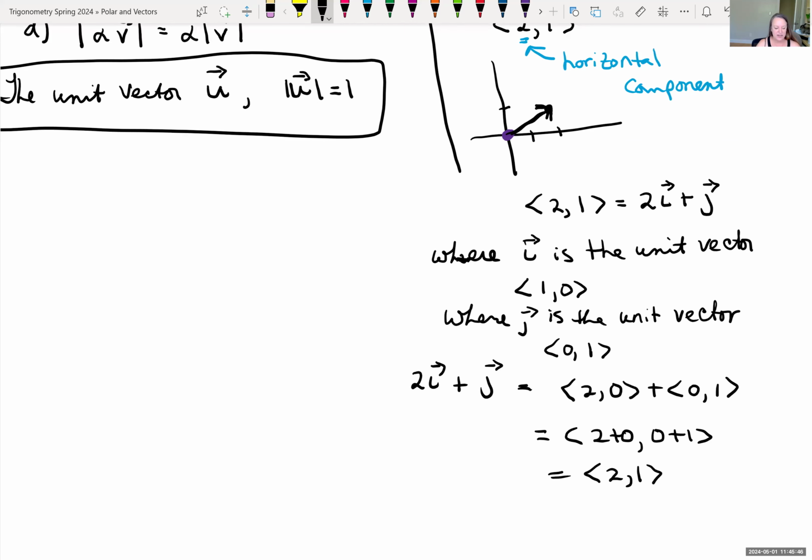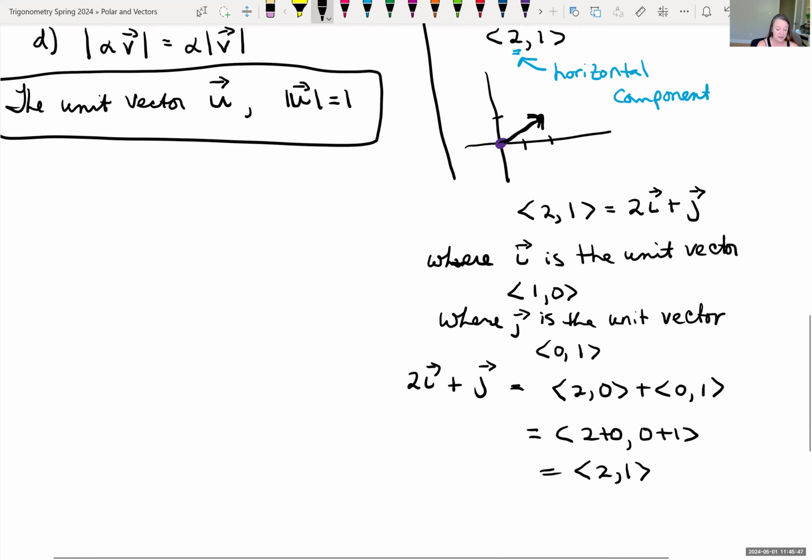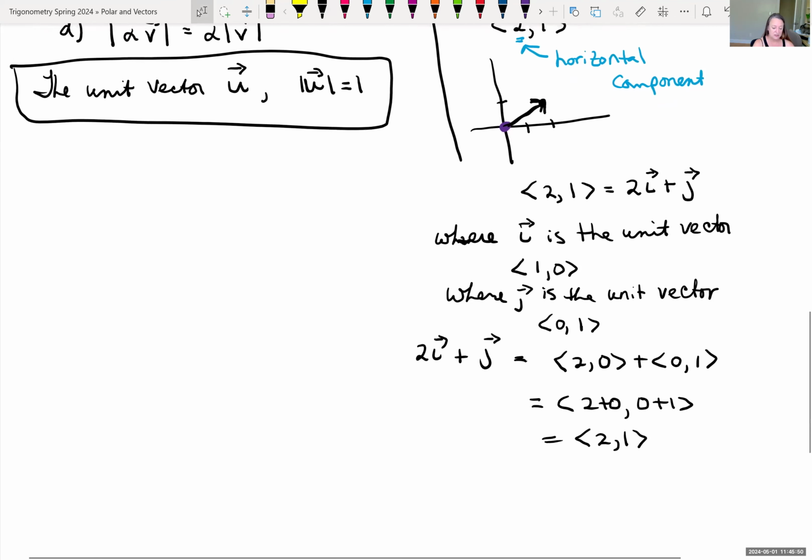So we can rewrite each vector in terms of the product of a unit vector and a scalar. Basically, if we're adding and subtracting vectors algebraically, we're adding our horizontal components and adding our vertical components.